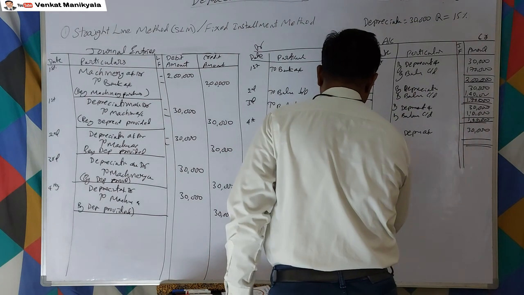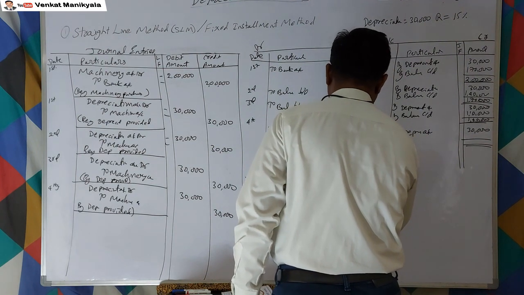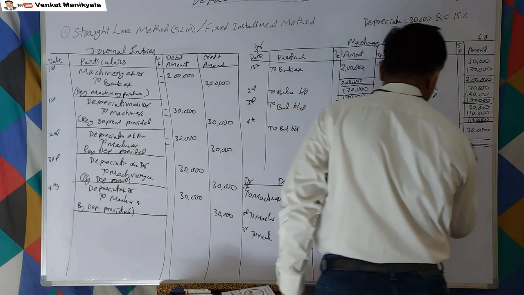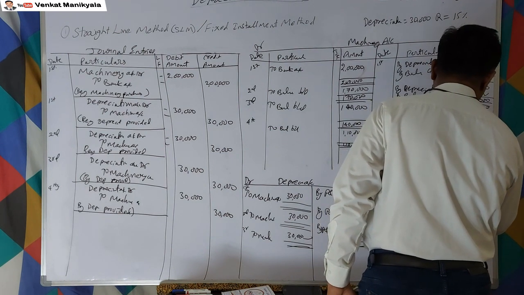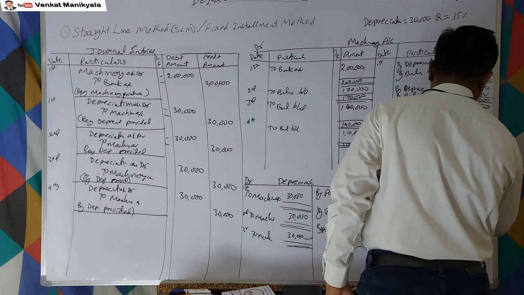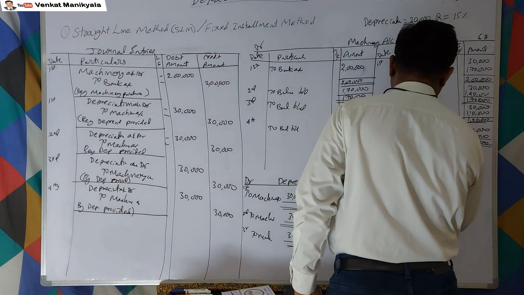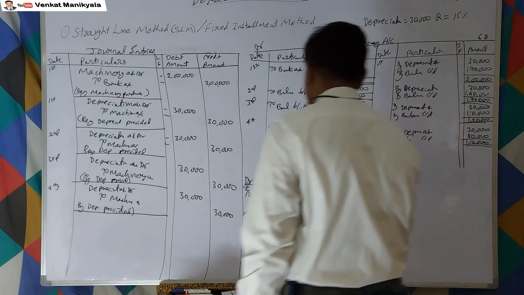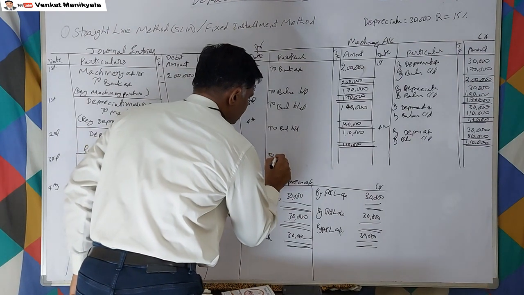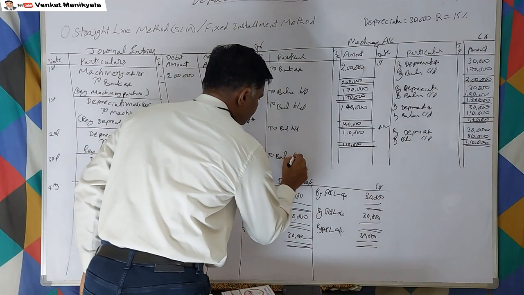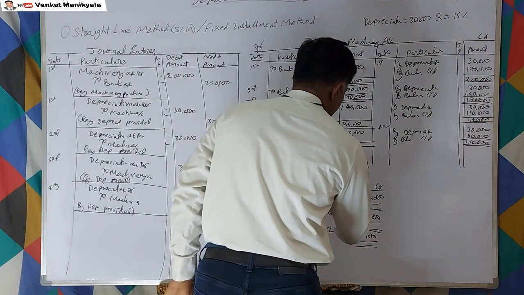So for balancing, 1,10,000 is in debit balance, 1,10,000 credit I am writing. So 80,000 is the balance for by balance carried down. This is on the fourth year, right? On the fifth year, which is the last year, to balance brought down. Balance brought down is 80,000, right?